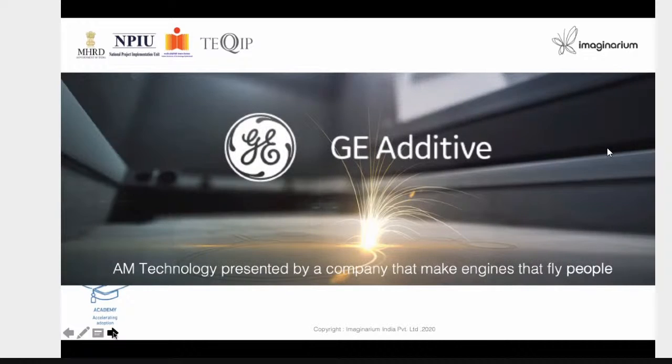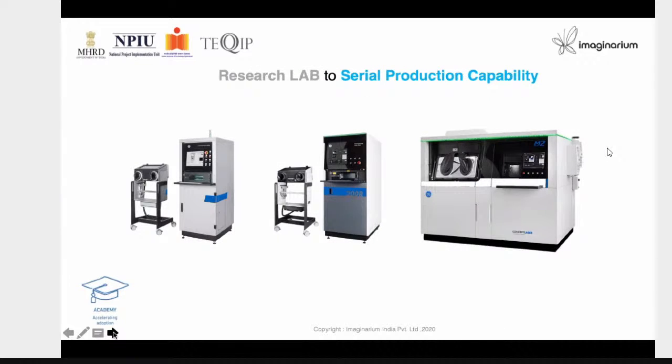In fact, GE Additive, the people who actually built these, identified two good technologies and bought them over. One is Concept Laser, which is what you see here, and the other one is Arcam.